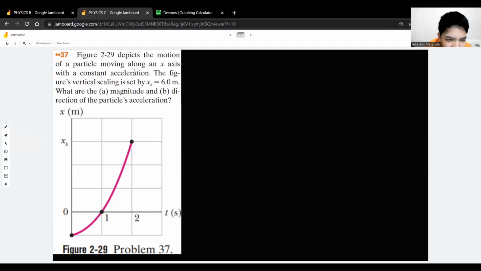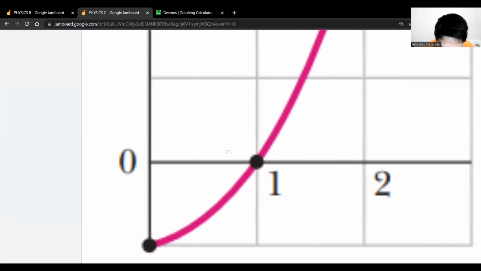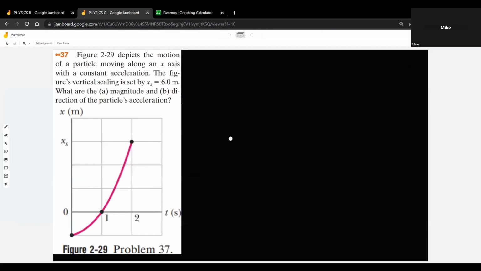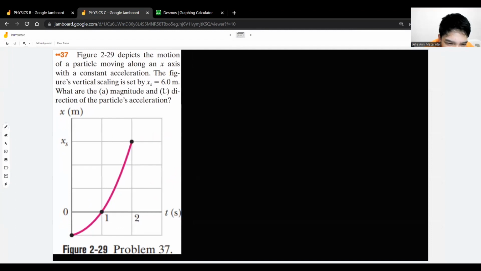Magnitude of the acceleration. I-label mo yung scale. Kasi yung Y scale, yung vertical scale, kung ano yung length, kailangan mo yun. So, the scaling is XS.